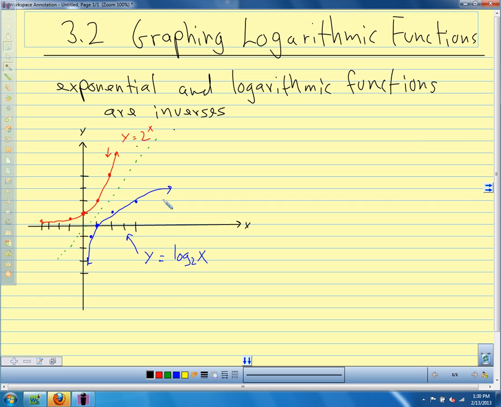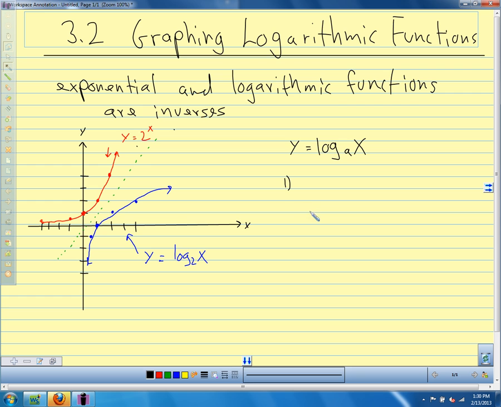So let's go into a little more detail about the graphs of logarithmic functions. So if we have y equals log base a of x, all of these properties of the graph come from the fact that these two are inverse functions.